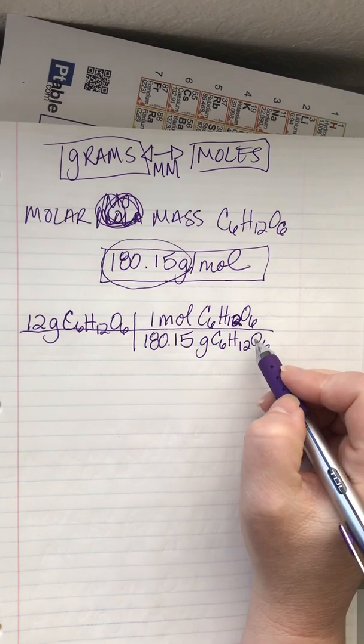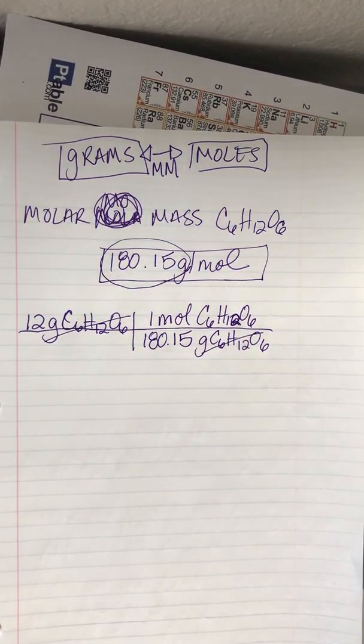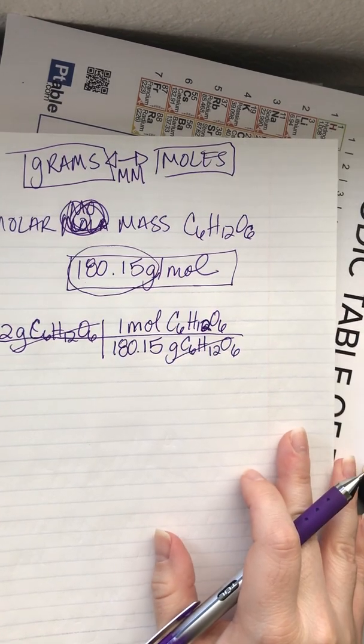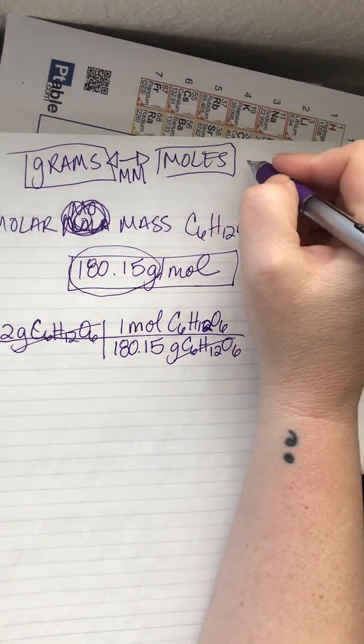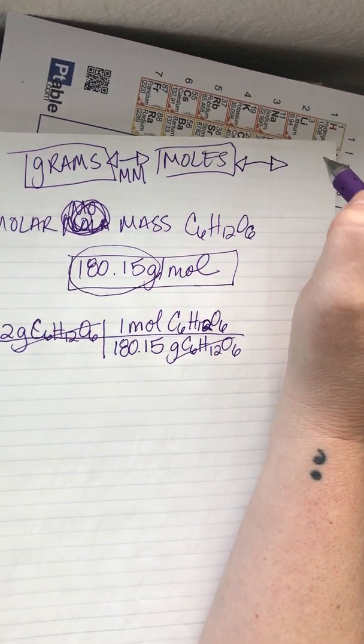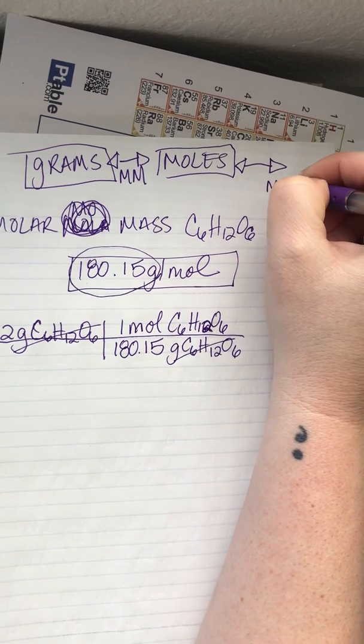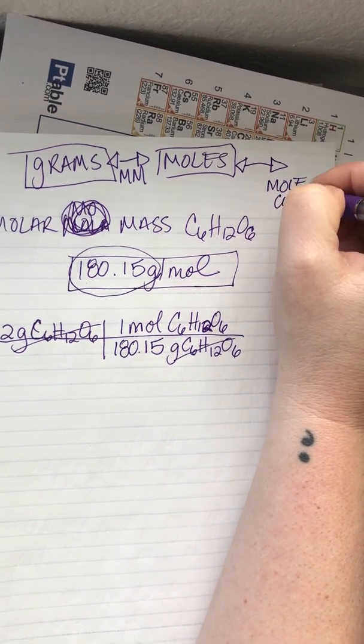Cool. So now grams of glucose cancel out, and you're left with 12 grams over 180.15 grams. But we're not quite done yet, because there's another step on our molar coaster to get us to molecules.